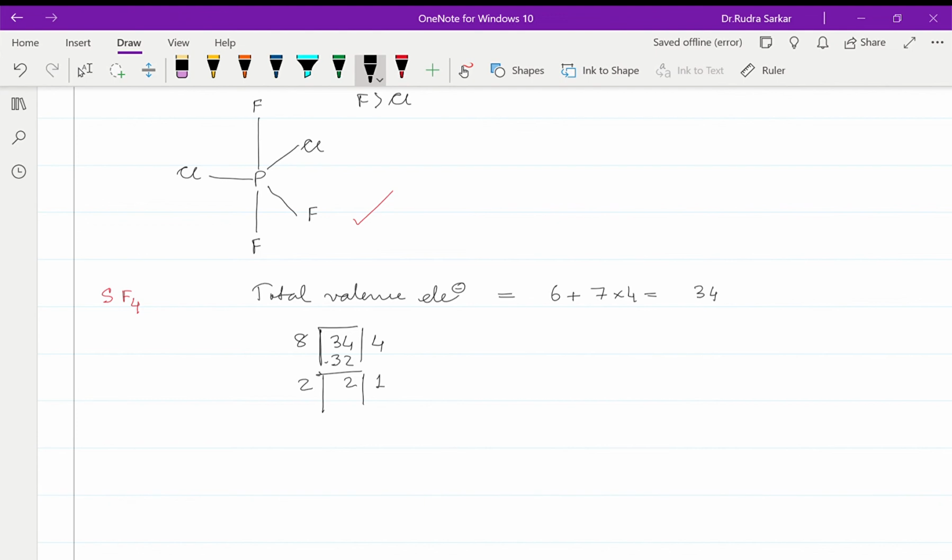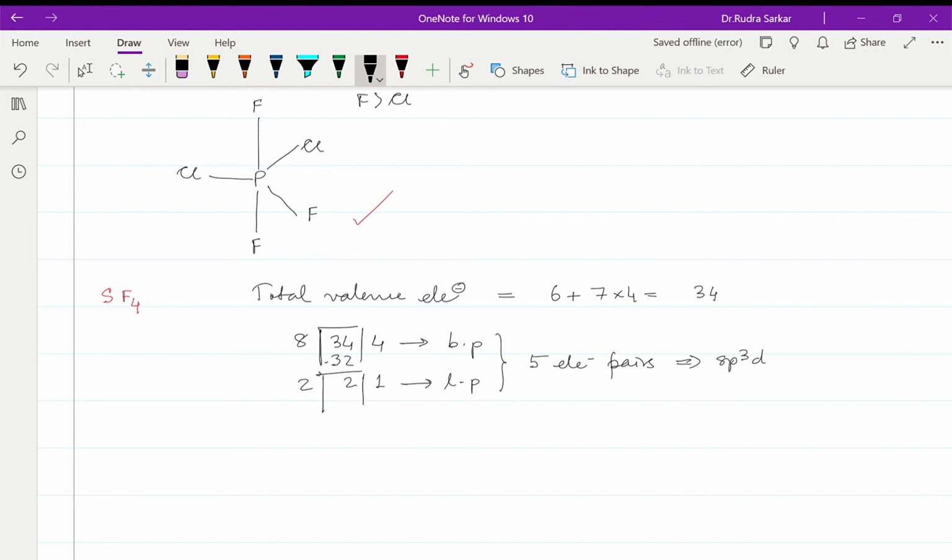Initially, when you divide a number by 8, that will be our bond pairs, and the remainder which we divided by 2 will be our lone pairs. The total electron count, if you check, is 5 electron pairs.